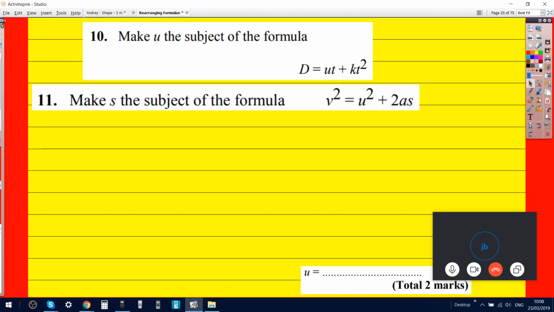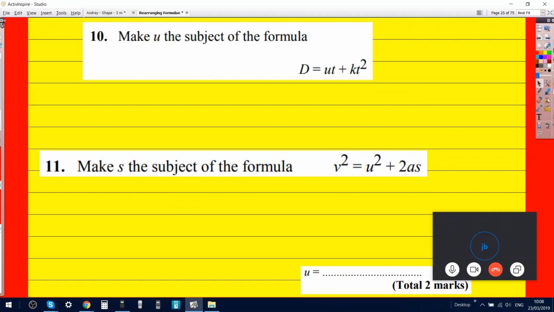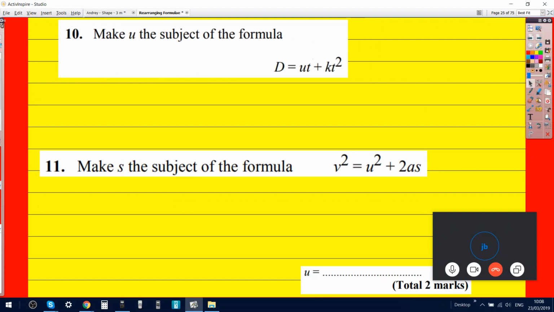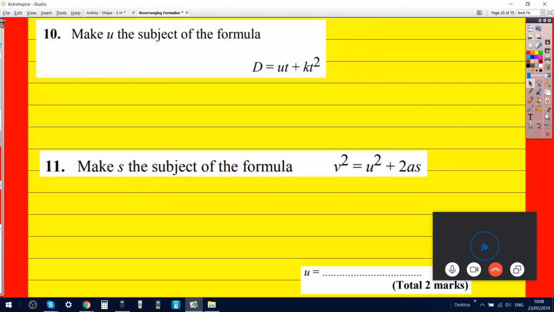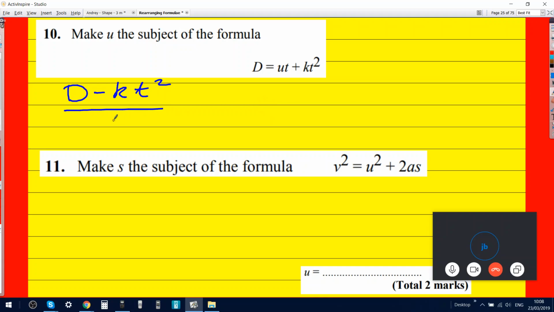Top one. Make u the subject. Because there's an indices, would you have to put in the square root? Stop overthinking it. Just make u the subject. So would it be d minus kt squared divided by t equals u?